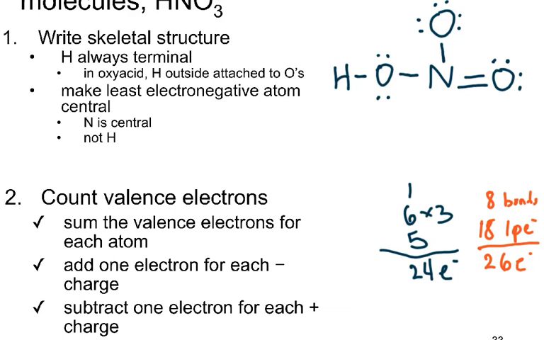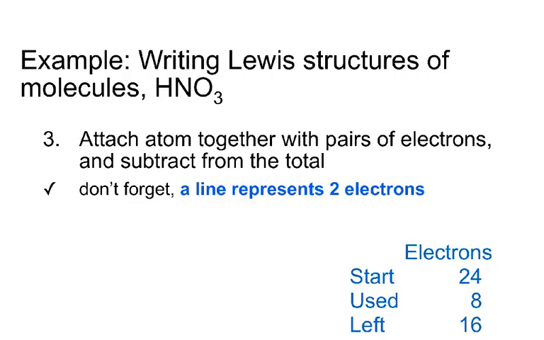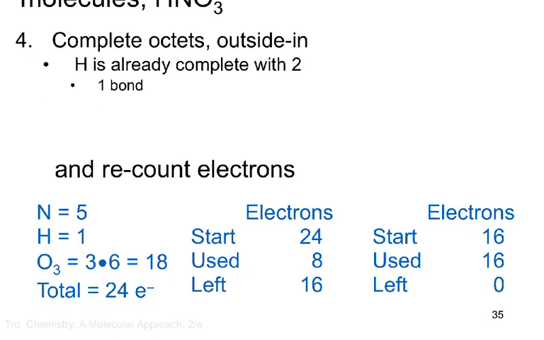Now, if I recount, I'm going to have now 10 electrons in bonds, and now I have 14 in lone pairs, which now gets me my desired 24 electrons. So we can flip through there, count our electrons, and we are all set.